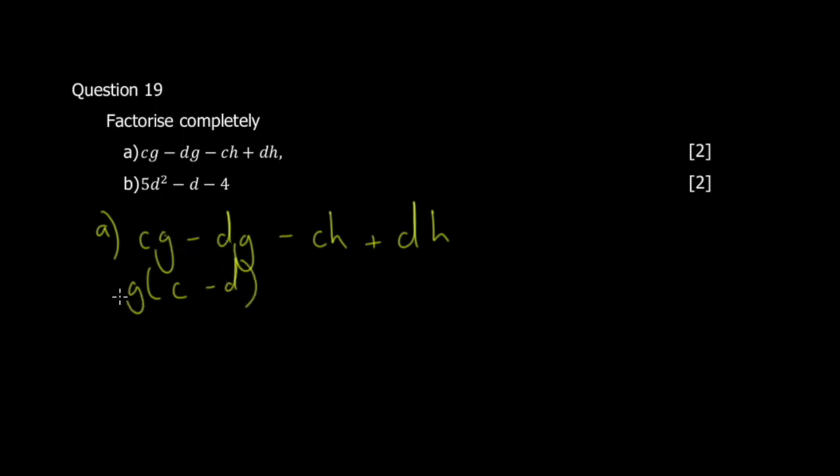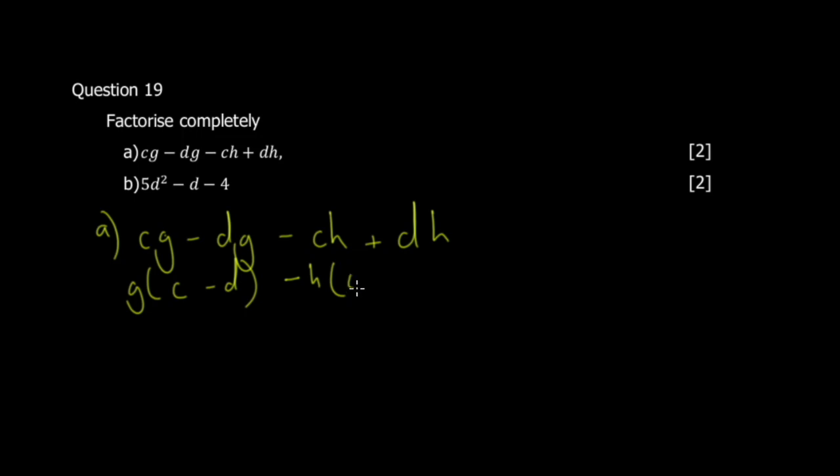So whatever you want, in the sense that you can factor out negative G, it would still be okay. But then for the second bracket now, you have to factor out such that your bracket is the same as this first bracket here. So here it would be wise for me to factor out negative H.